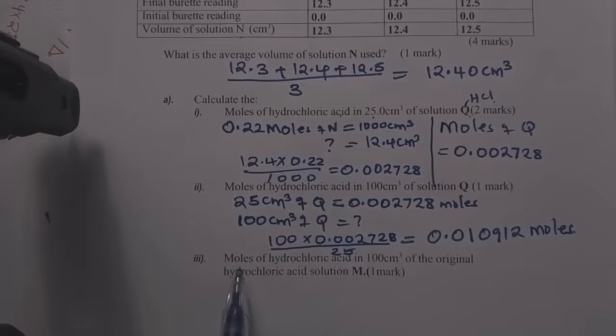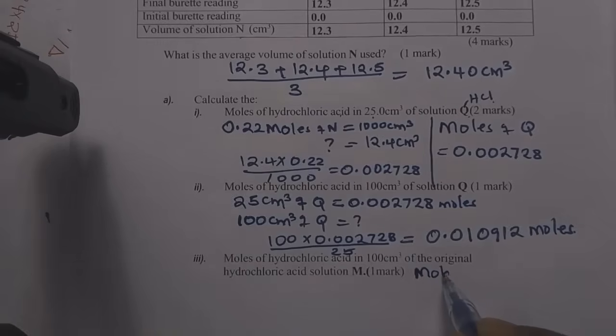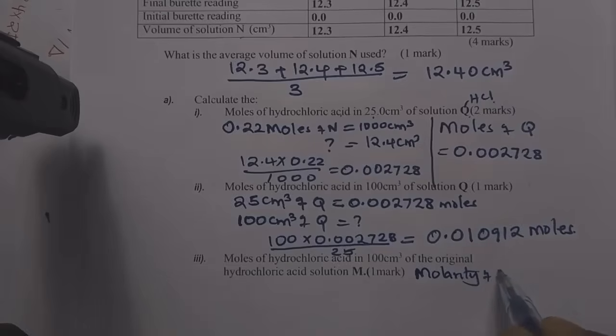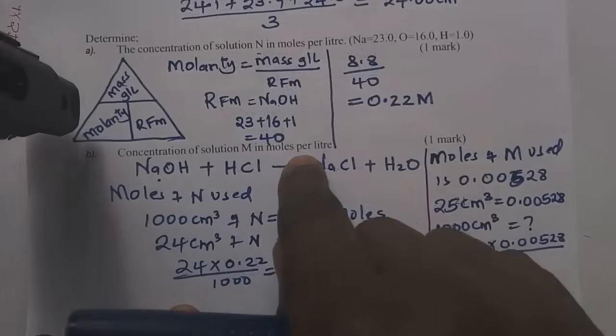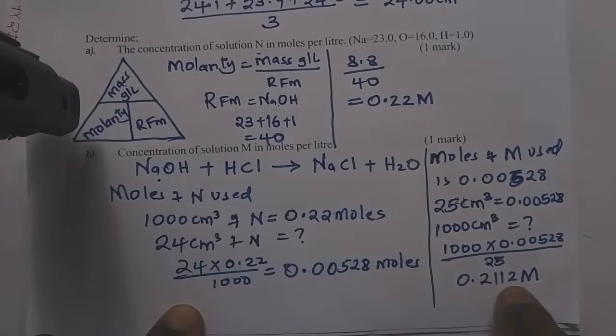Calculate the number of moles in 100 of the original hydrochloric solution M. Remember, the molarity of M, we calculated it in the first procedure. Let's go back and refer to the molarity of M, which is 0.2112. So we are going to use this one because we know this is the number of moles in 1000.